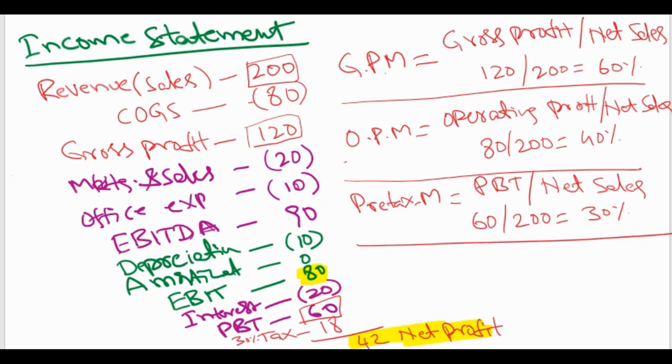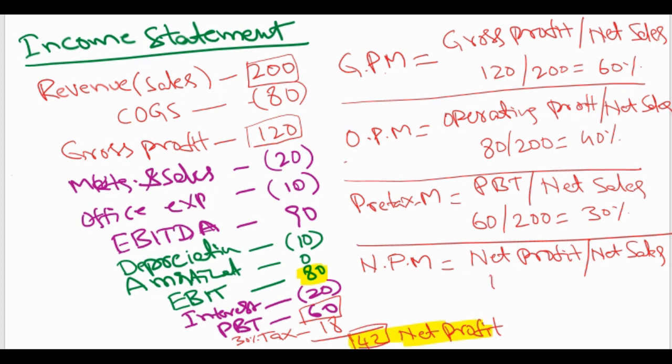Okay, now the last one is net profit margin. Net profit margin equal to, how do you get this? Net profit divided by net sales. All are divided by net sales only. So what is the net profit here? Net profit is 42.